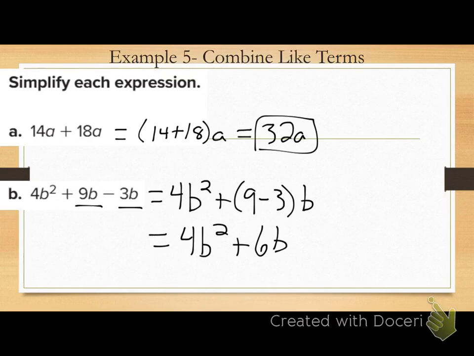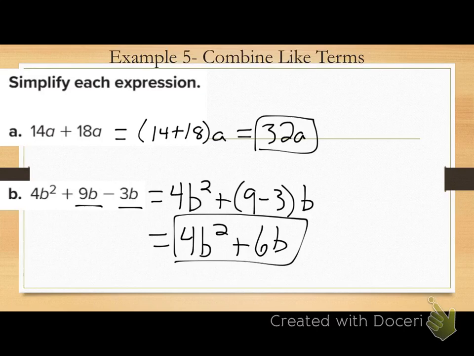Do I have any parentheses? No. Is there anything else I can do here to simplify this? The 4 and 2? No. 4 is not raised to the second power. B is. I don't know what B is, so I can't evaluate that exponent. So is there anything else I can do? No. There's my answer. That's it.